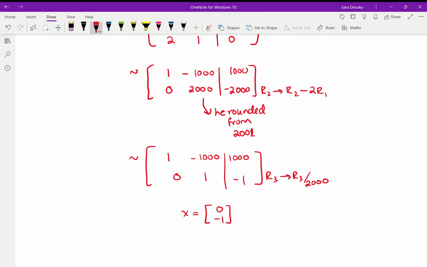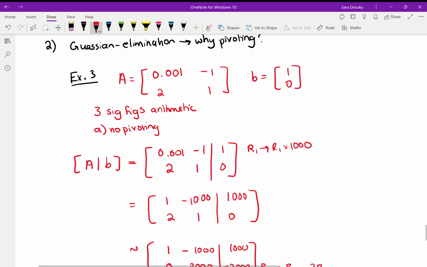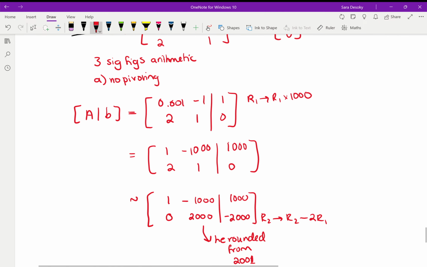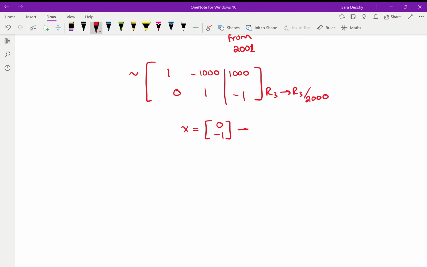With pivoting. Look at the original system, back to the first matrix.